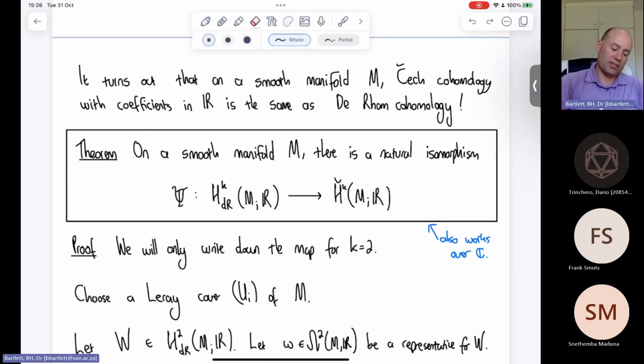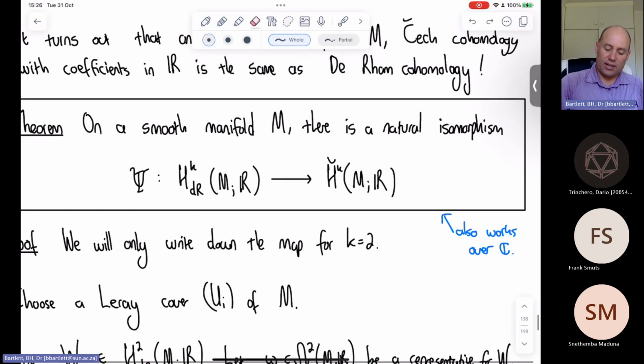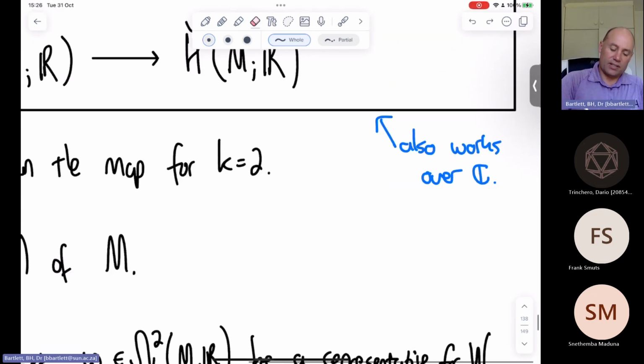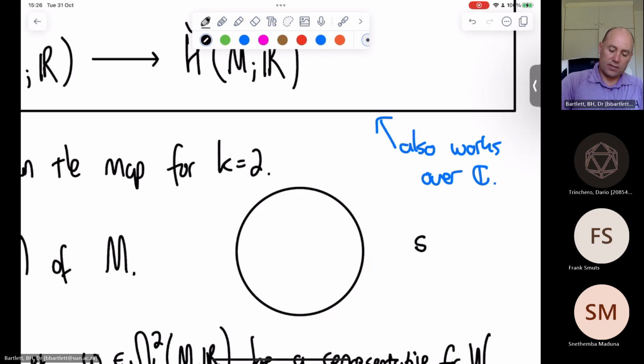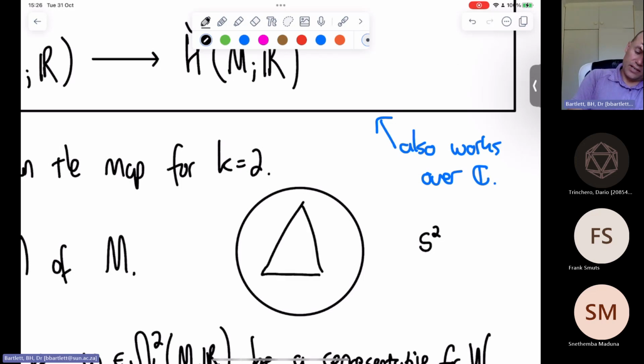Okay, so in practice, you can get these open covers from a triangulation. So for example, if I were to ask you in an exercise, what is a good open cover of the 2-sphere, how would you do it? Well, you need to have a triangulation of the 2-sphere. And one way, you could take a tetrahedron and blow that out onto the surface of the 2-sphere.